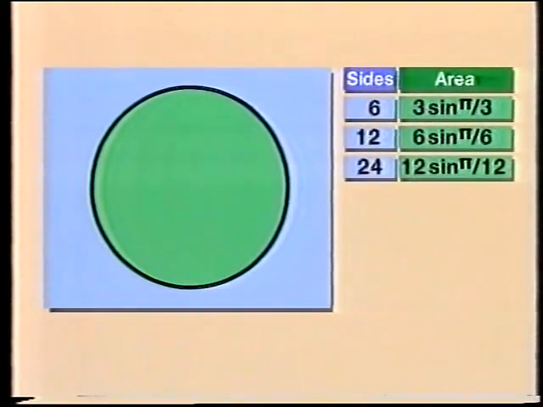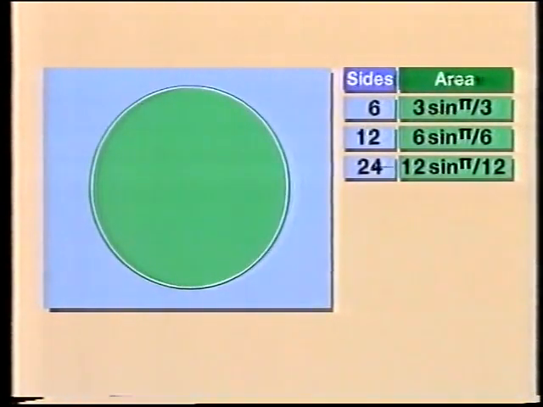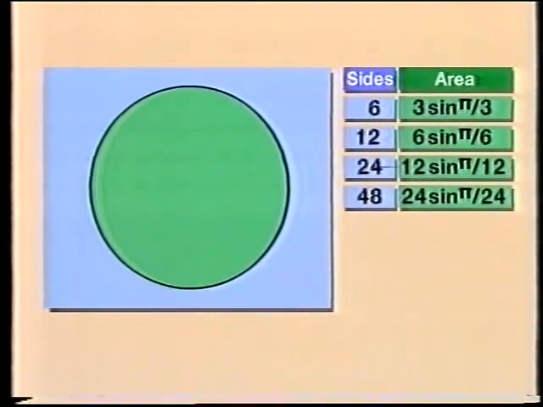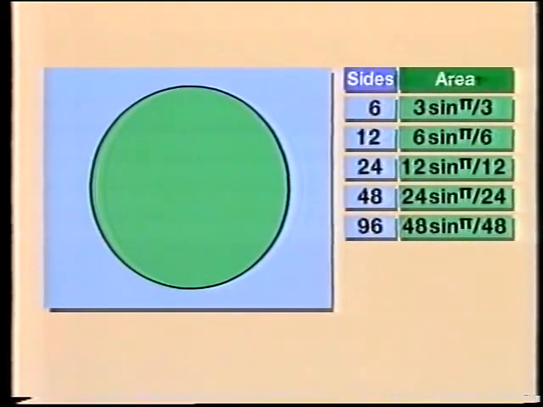Probably you don't know the sine of pi by 12, 15 degrees, without using your calculator, but it can be found by using the half-angle formulas. And in the same way, you can find the areas of polygons with 48 sides, and with 96 sides, and so on.